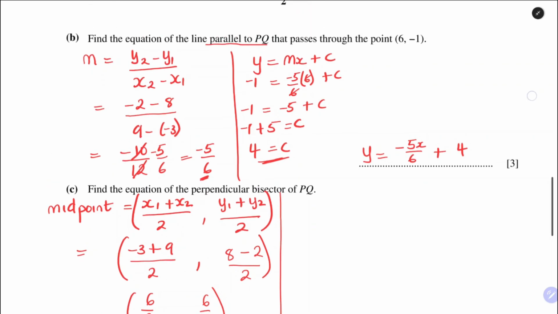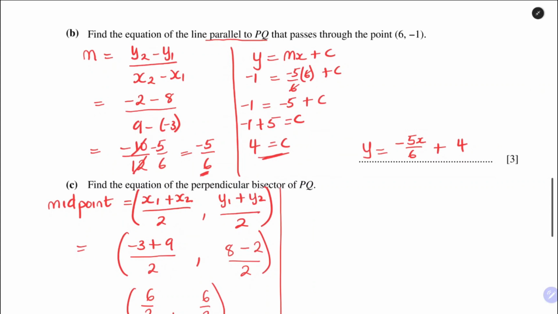Now we need to find the gradient of the perpendicular bisector. Remember, when two lines are perpendicular, the relationship between their gradients is given by m2 equals minus 1 over m1.